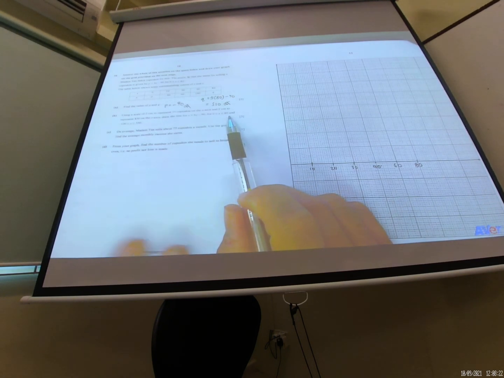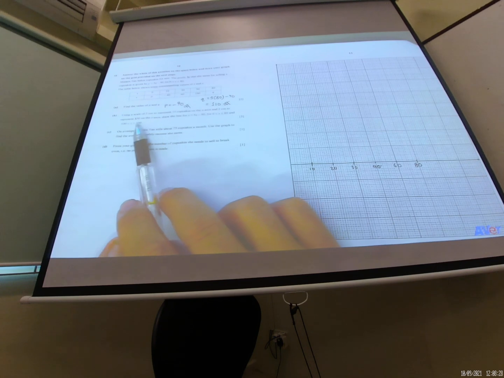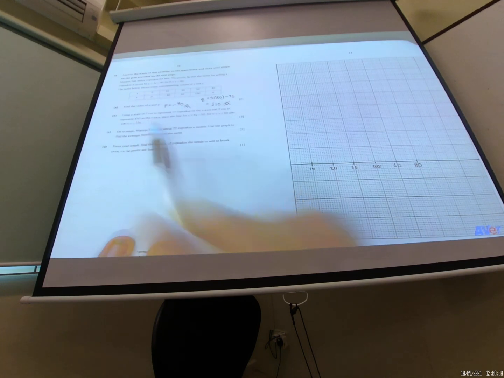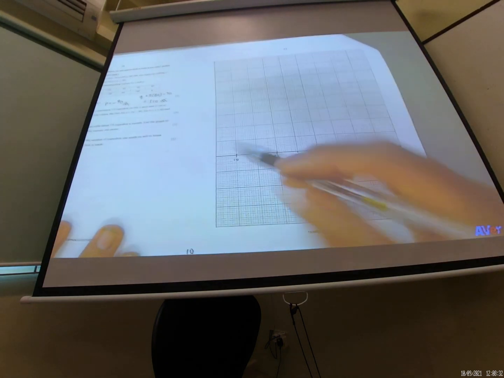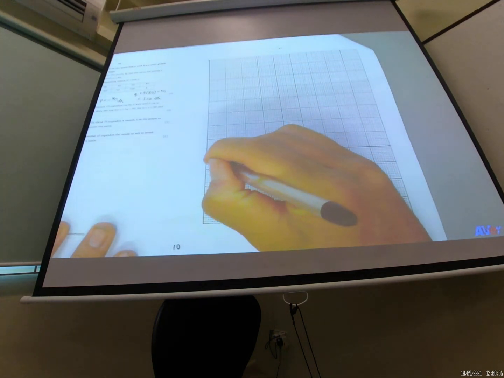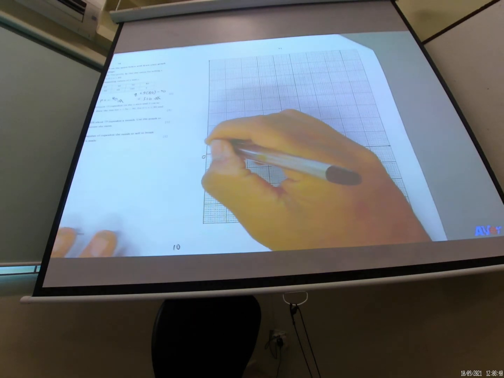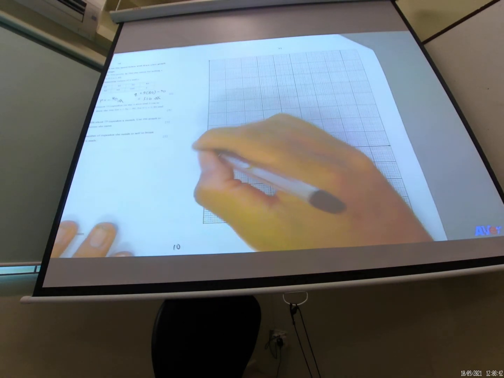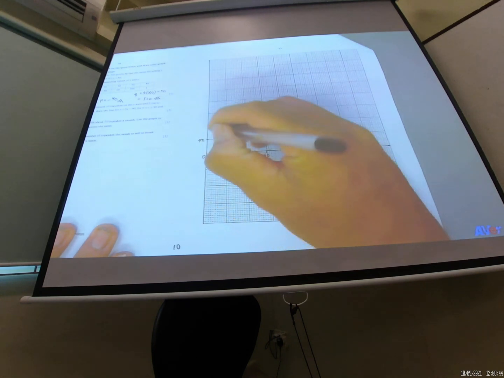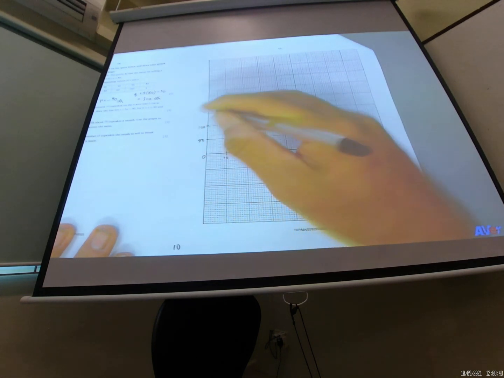Then for your y, 2 cm represents $50. Your y is here, here is 0. Every 2 cm is $50. Another 2 cm, it will be $100.